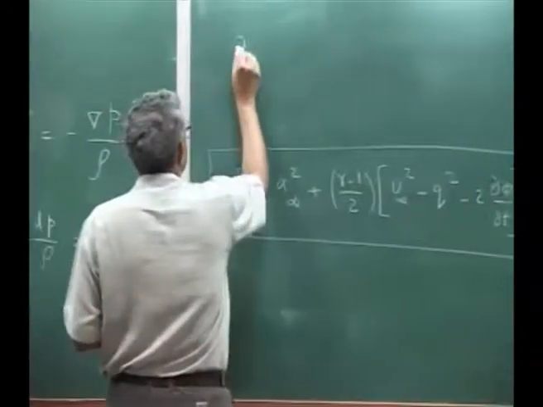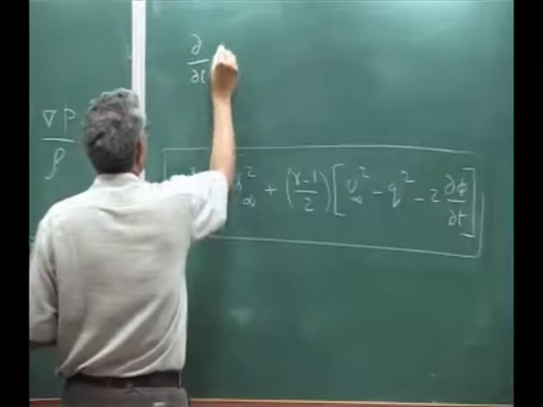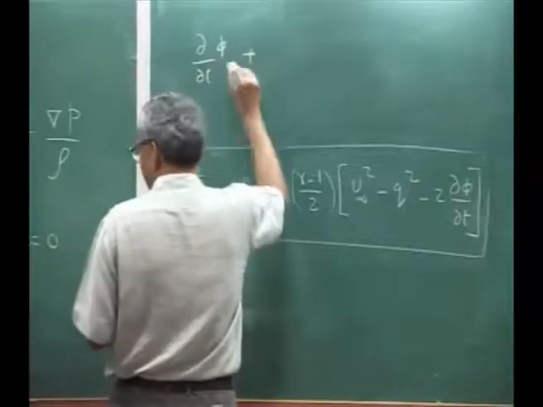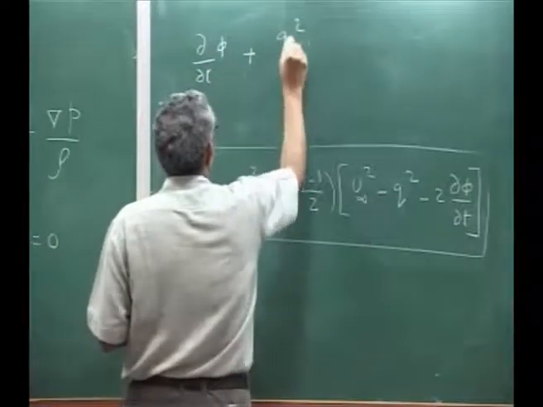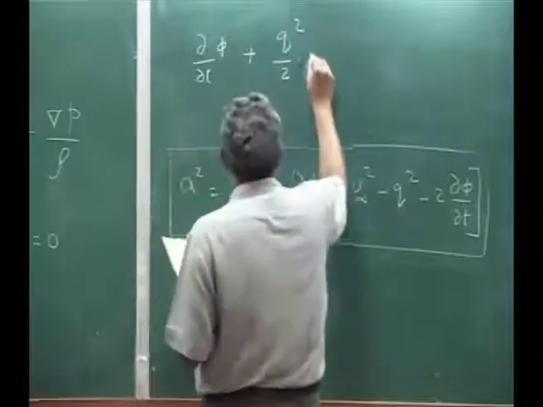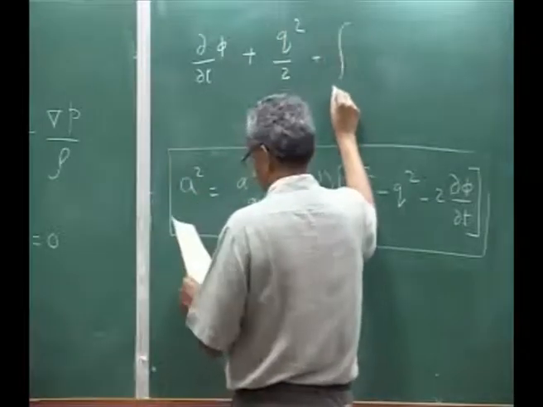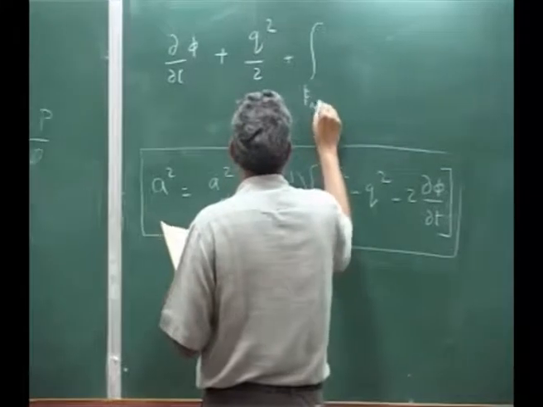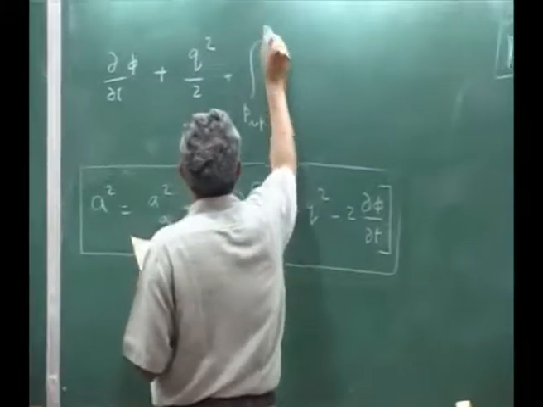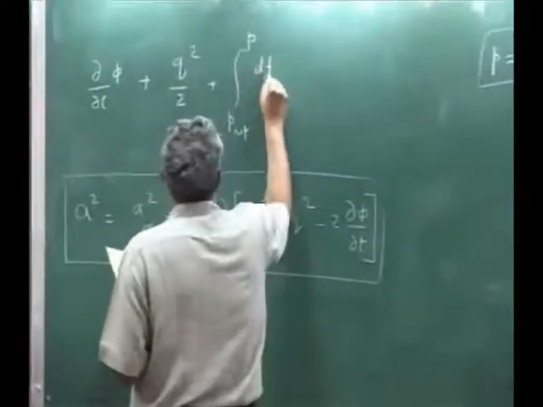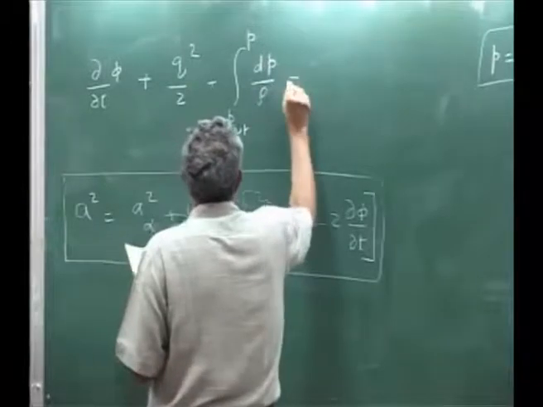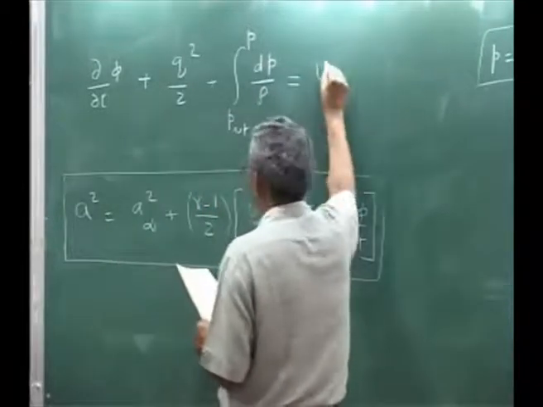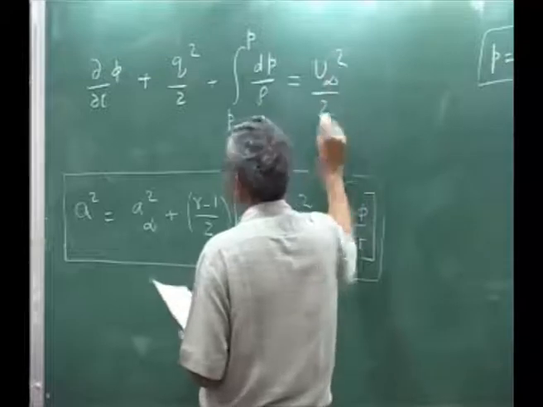So you will get delta over delta t of phi plus q square over 2 plus the integral from p reference, which is p infinity, to p of dp over rho equals u infinity square over 2.